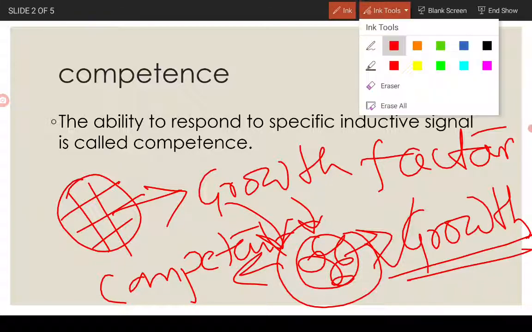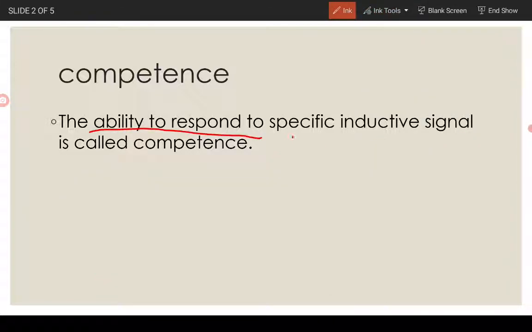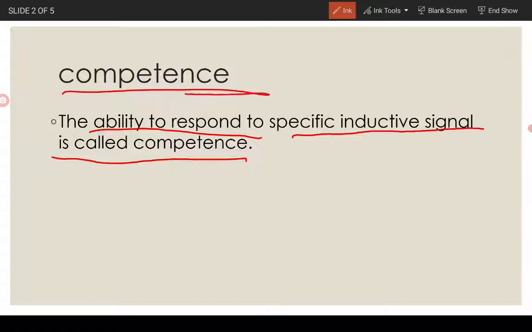So that is competence, the ability to respond to a specific inductive signal. If a group of cells could understand and respond to an inductive signal, that means those cells are competent, right?